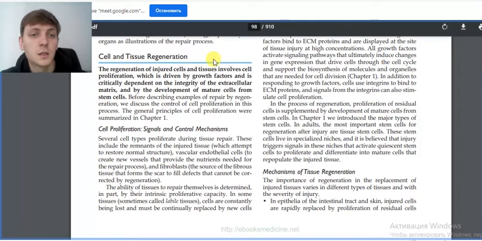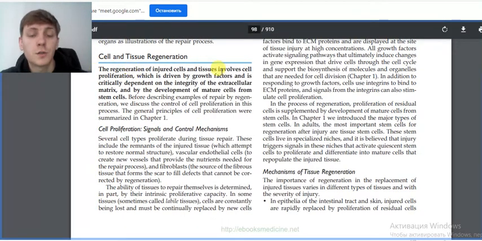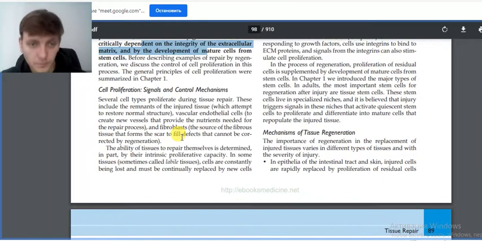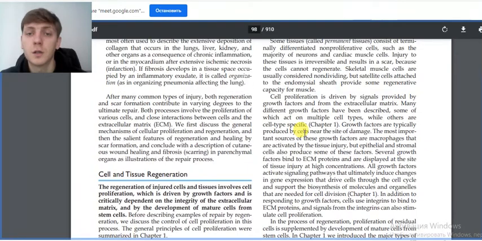Cells and tissue regeneration. The regeneration of injured cells and tissues involves cell proliferation, which is driven by growth factors and is critically dependent on the integrity of the extracellular matrix, and by the development of mature cells from stem cells that we discussed before. We have labile tissues, in case of injury of labile tissues only, of course it will be healed in a very fast way.